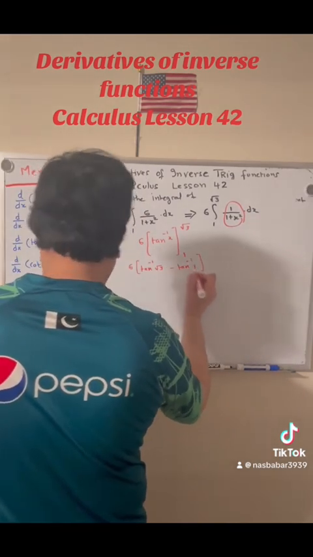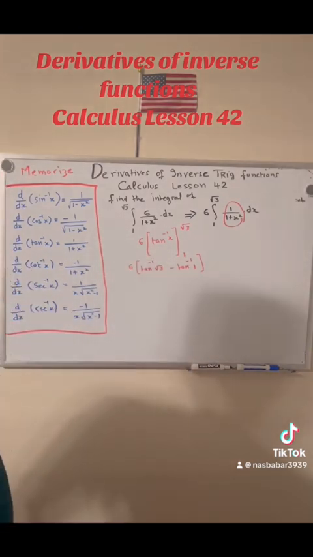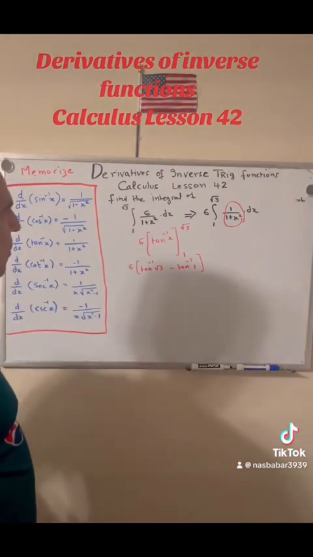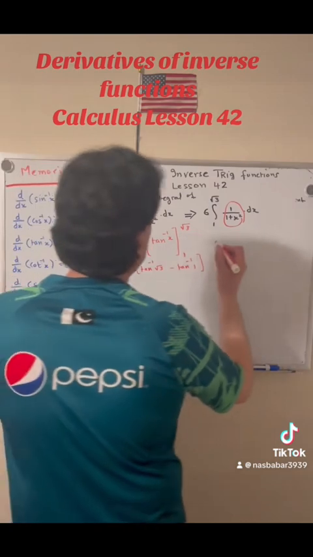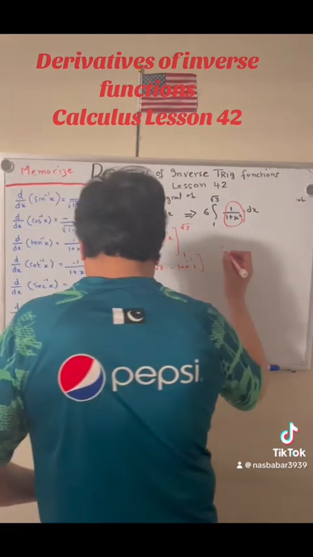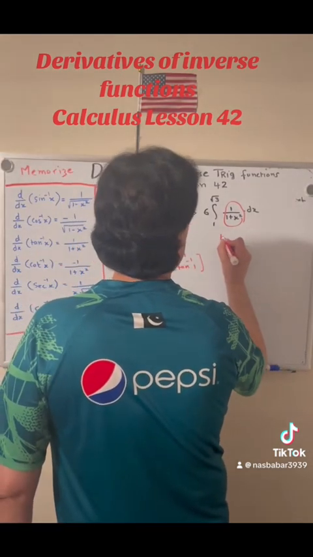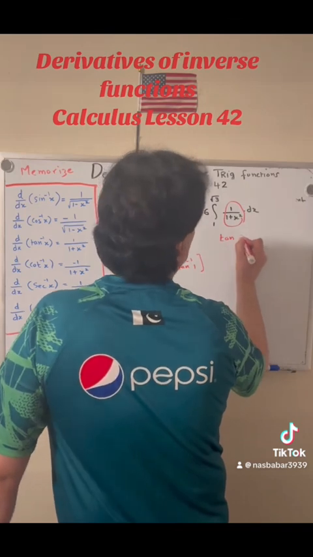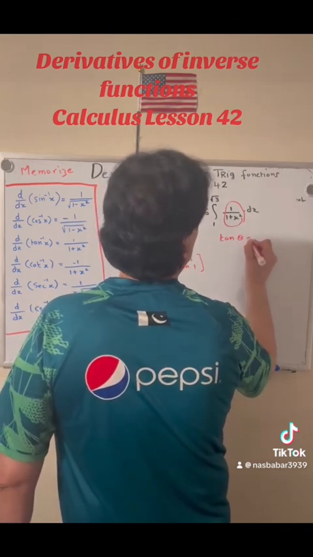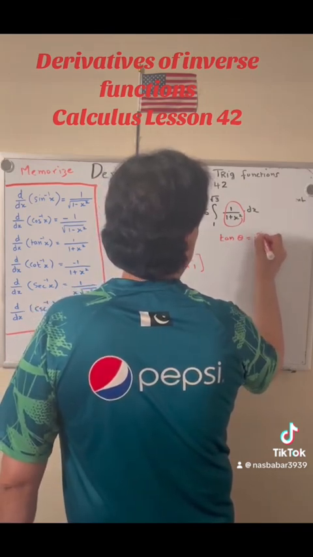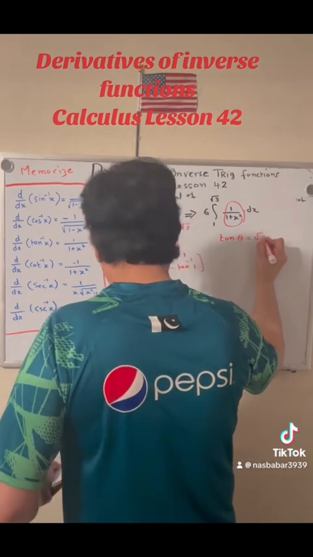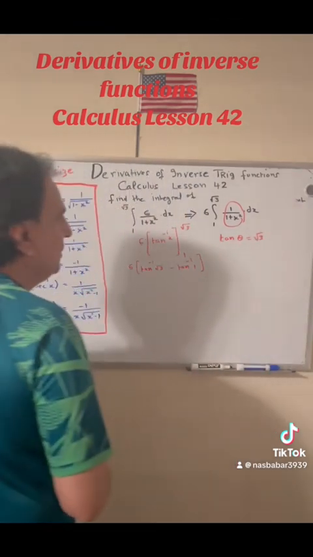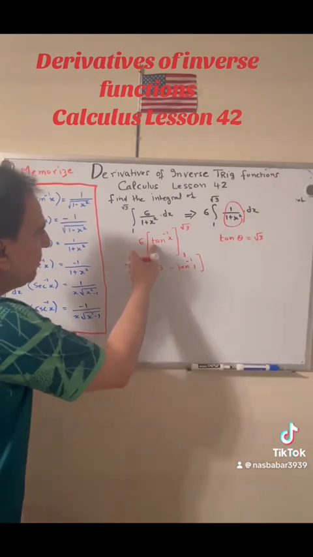Now we got to solve this right here. Let me ask you this. Let's say tan of an angle theta is equal to under root of 3. What does that mean? That is basically this statement right here.